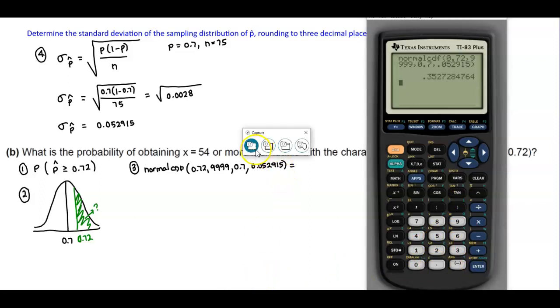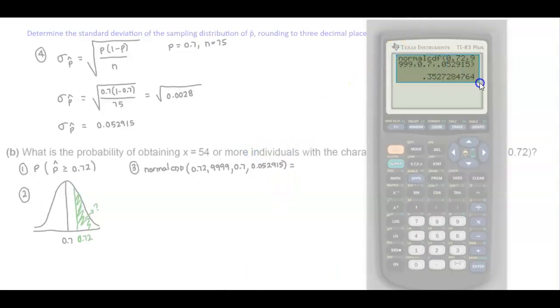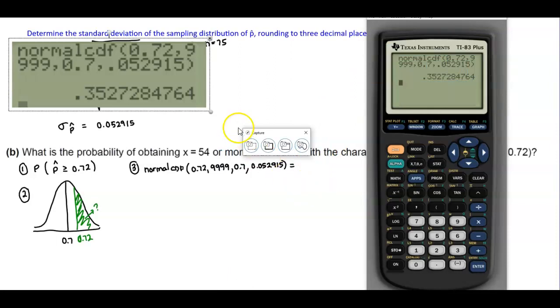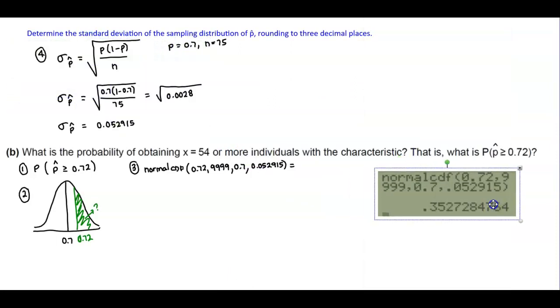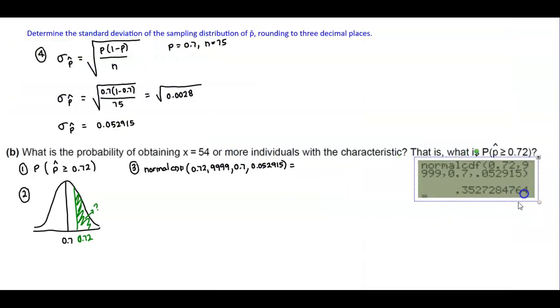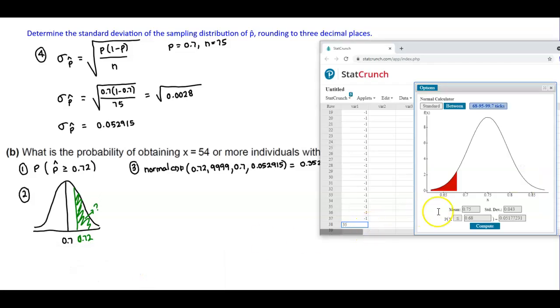So therefore, now we're going to get our probability there. Rounding it to 4 decimal places, we get 0.3527.